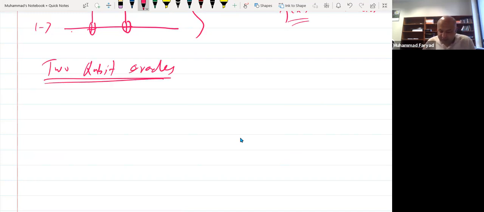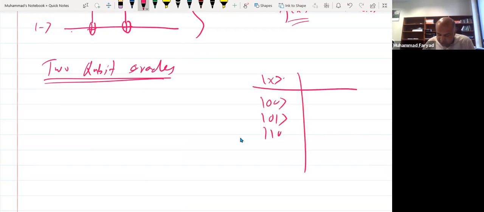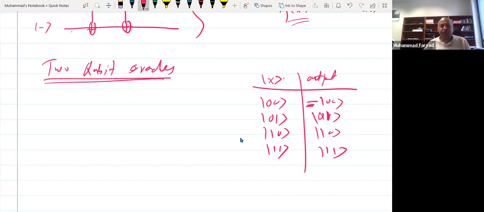Let's say I want to have a situation like this, that if the input state is 00, 01, 10, or 11, I want the output to be something like this: 00, 01, 10, minus 11, that is a negative sign appearing only in front of one output, and all others are positive.